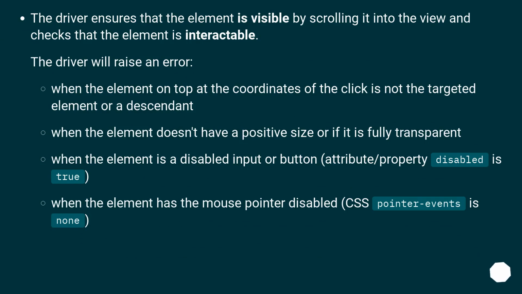The driver will raise an error when the element on top of the coordinates of the click is not the targeted element or a descendant, when the element doesn't have a positive size, or if it is fully transparent, when the element is a disabled input or button (attribute/property disabled is true), when the element has the mouse pointer disabled (CSS pointer-events is none).